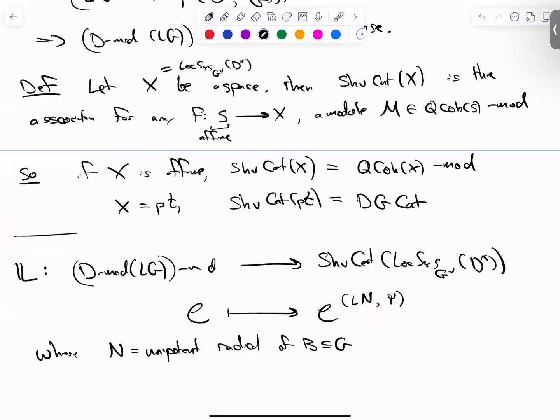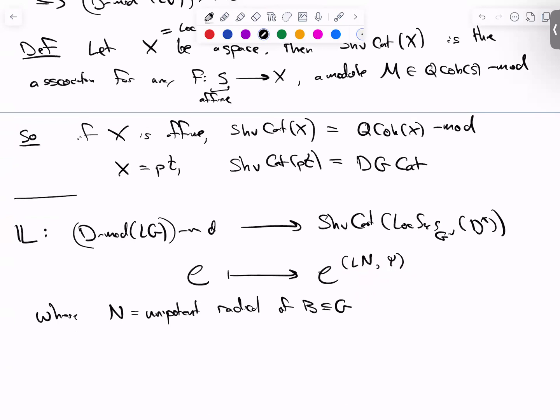And here is actually what it does to many examples of D mod LGs which we have encountered. So first is D mod on the affine Grassmannian.